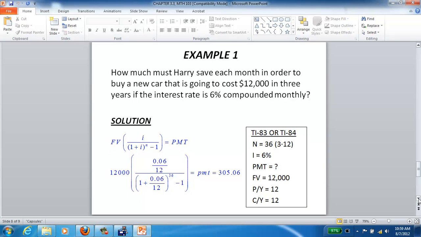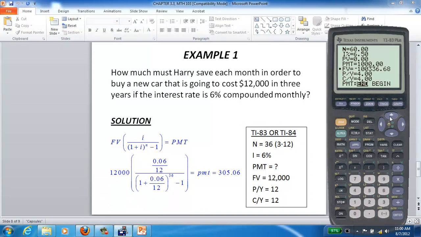So let's see this problem. How much does Harry have to save every month in order to buy a new car that is going to cost $12,000 in 3 years? So he has to save every month. As a result, that means that n will be 36. Why? 3 years times 12.